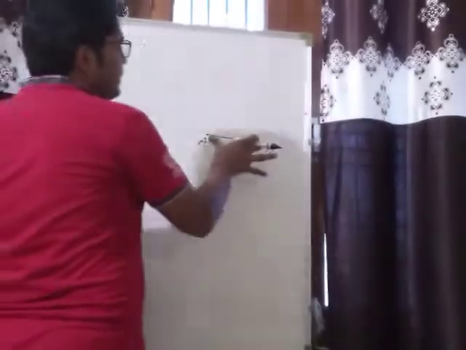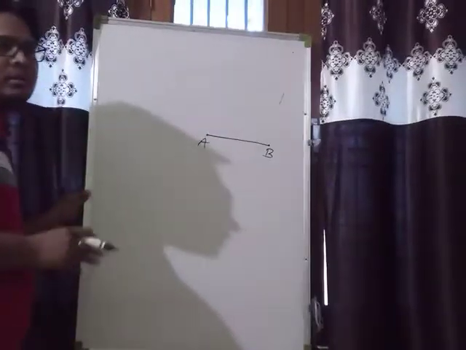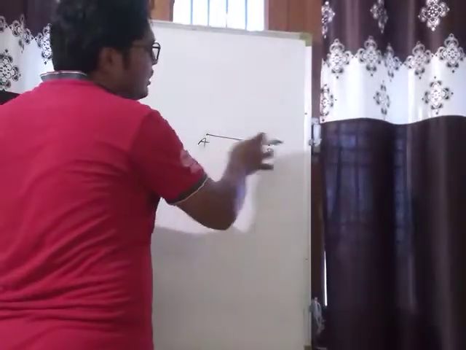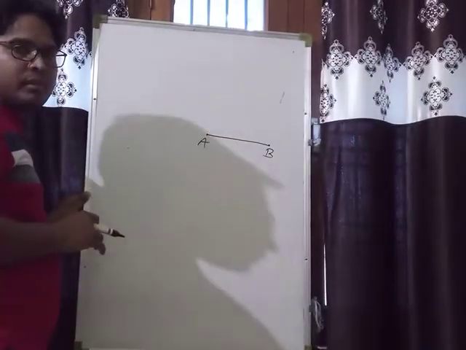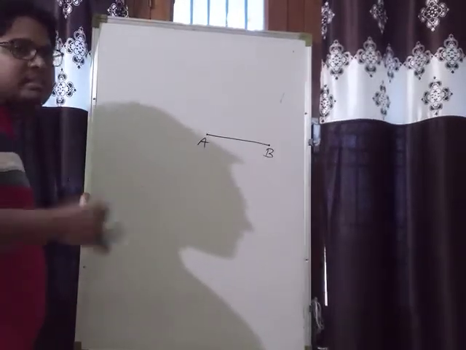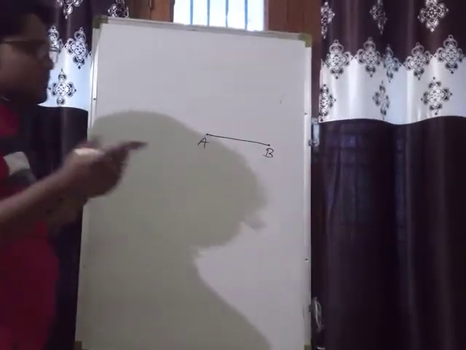So what is the perpendicular bisector of any line segment? That will be a line which is perpendicular on the line segment and bisects it, means divides it into two equal parts.